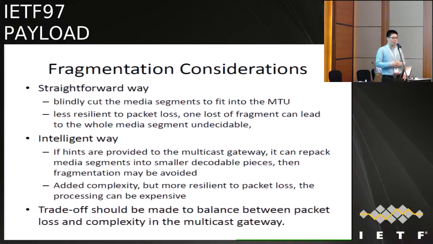Or the manifest files can provide some hints about where the next point is, so the multicast gateway can repack the media segments into smaller pieces to make each individual piece decodable. In this way, it may require more processing for the multicast gateway.